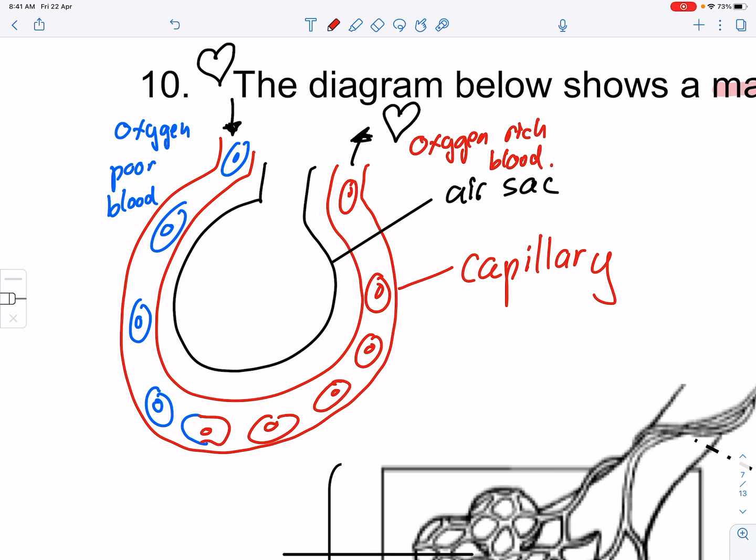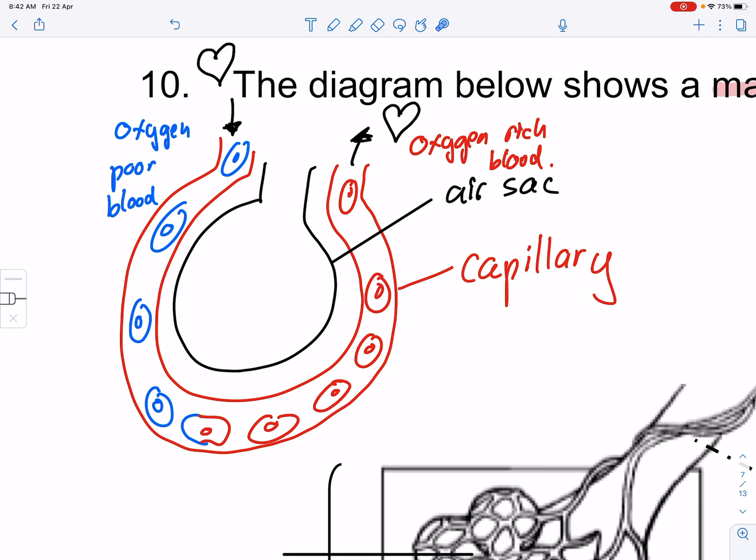Now, this is the part that is very important because it also helps in your understanding of the circulatory system. Alright? Now, when your blood enters from here, it first enters as deoxygenated blood, oxygen-poor blood. Why? Because it comes from the heart, whereby the heart has received blood coming from all other parts of your body.